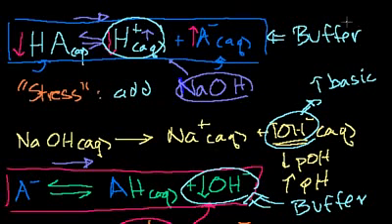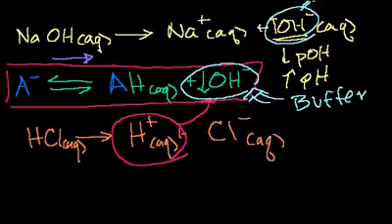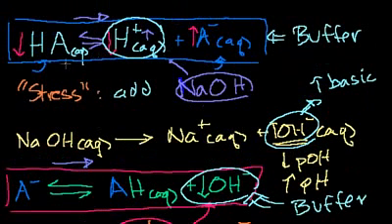And that's why it's called a buffer. It provides a cushion. So it gives some stability to the solution's pH. And so the definition of a buffer is just a solution of a weak acid in equilibrium with its conjugate weak base.